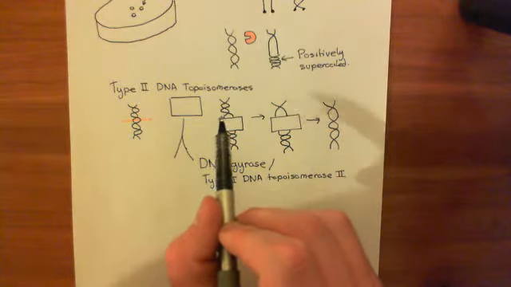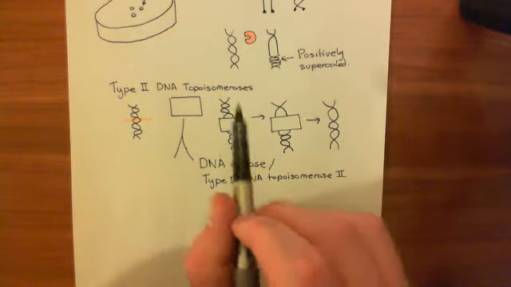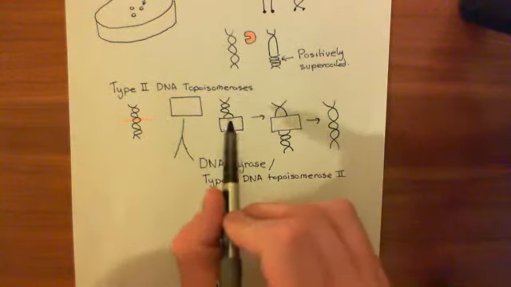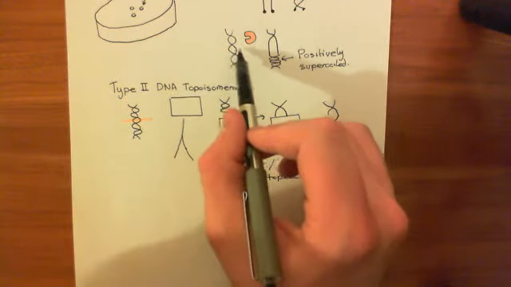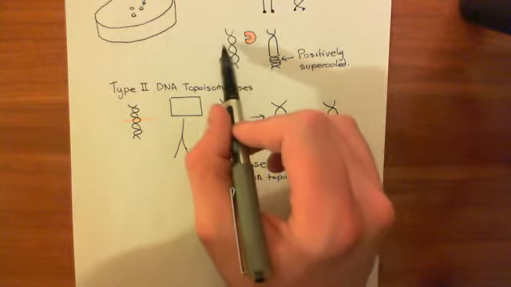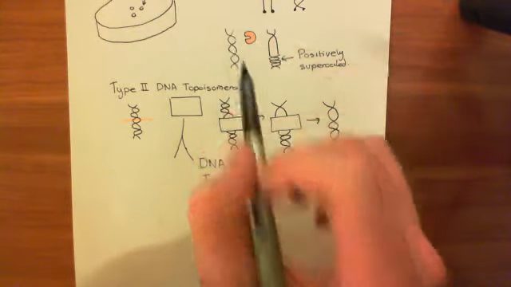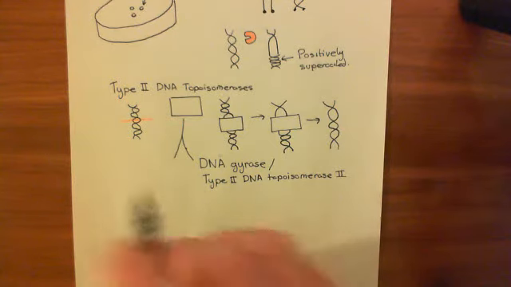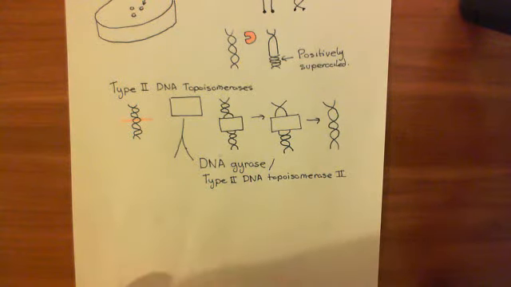Type 1 DNA topoisomerases, which we haven't discussed in this video because norfloxacin does nothing to them, just cut a single strand. So they cut a single strand and then they loop that round the other strand, which is still intact. Okay, so type 2 DNA topoisomerases are a massive, great family of enzymes which affect the coiling of DNA.